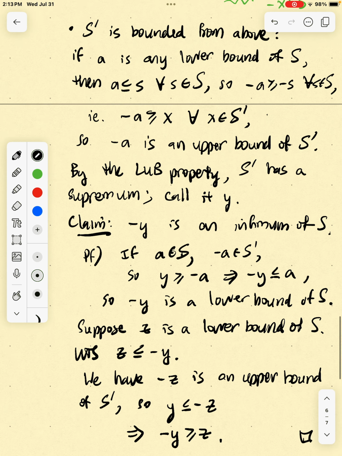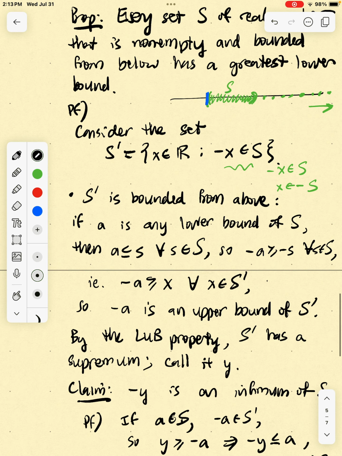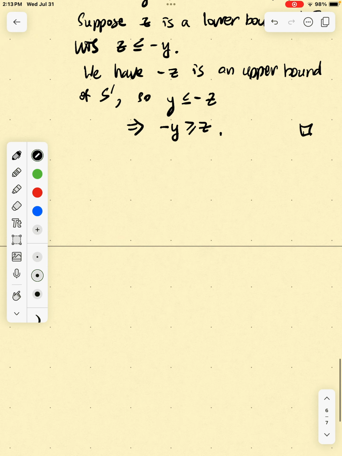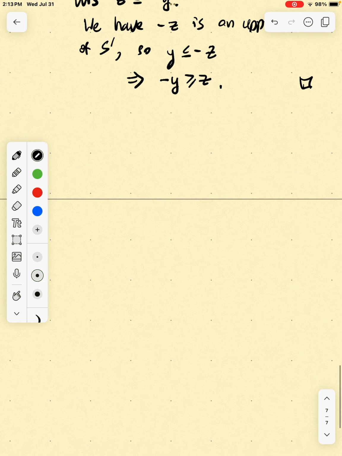Okay? So the least upper bound property is very important. Maybe I should just mention that if you look at the different axioms of the real numbers, if you just leave out the completeness axiom, then, so let's just write this down. So why is the completeness axiom important?